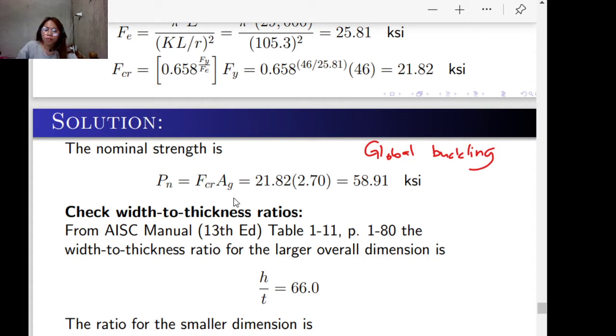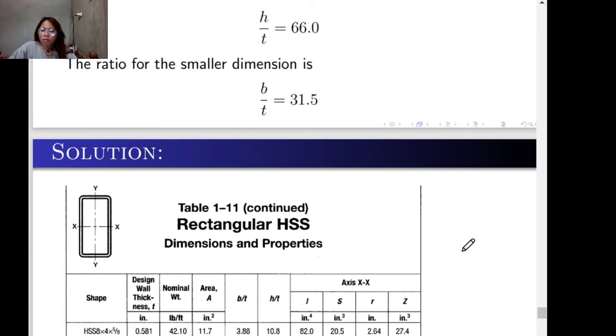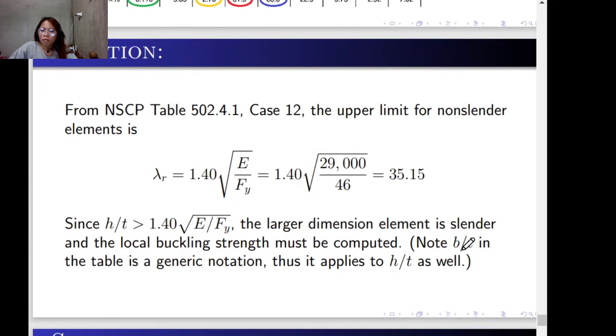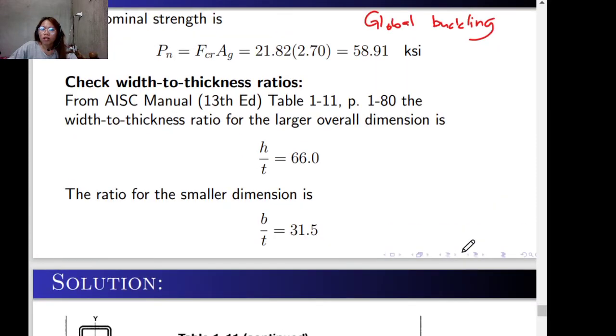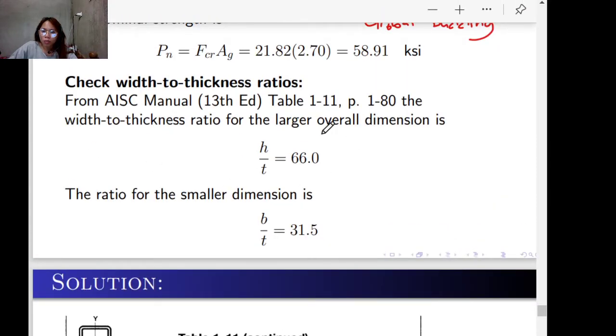Then to compute for the local buckling, this time we'll try to compute for the local buckling. So we have to check the width to thickness ratios, from AISC manual 13th edition, but we are using now the 14th edition, in table 1-11, page 1-80.